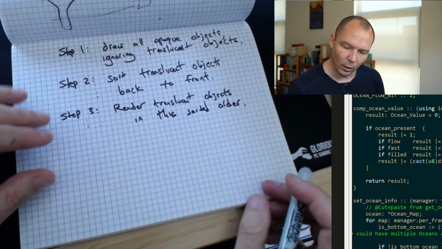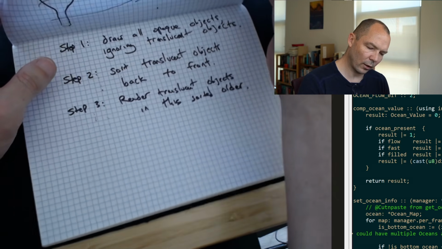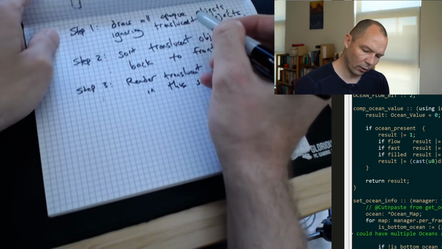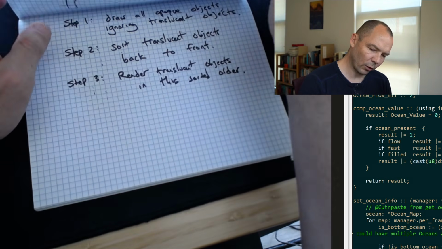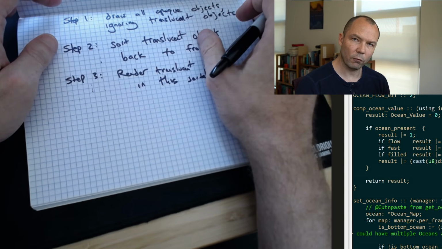All right? So what does that do for you? Well, like we said, any scene with just opaque objects is relatively easy, okay? Why do we sort the translucent objects back to front? Because you want to draw the things that are furthest away first.